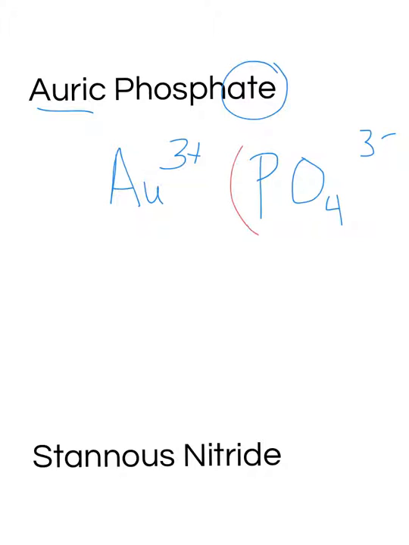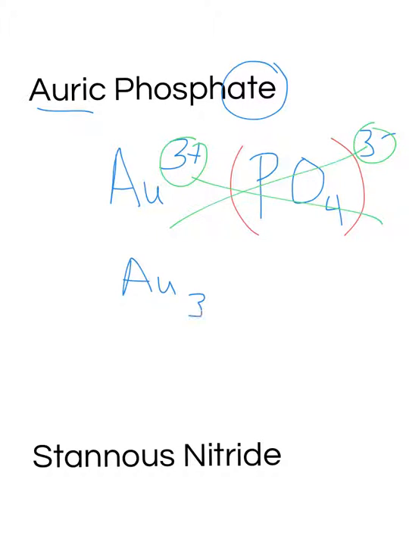I'm going to put my bracket around my polyatomic ion, and then take my charges and cross them down. When I go ahead and do that, the resulting formula is Au3(PO4)3.